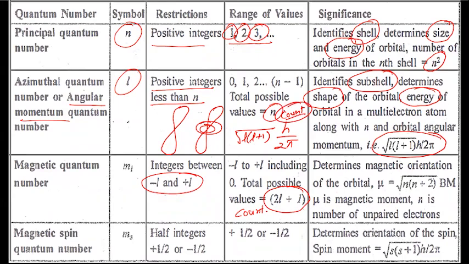Sir, what is the meaning of orientation? The direction, sir. It means whether these are aligned towards the x-axis, y-axis, or in the xy plane. That is the orientation.